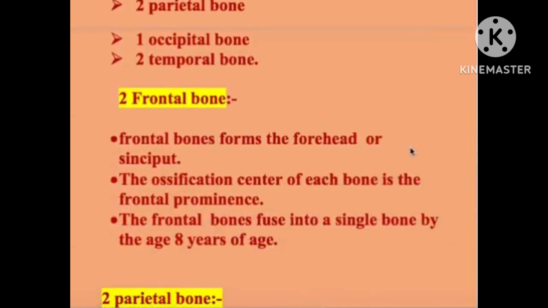The 2 frontal bones form the forehead or sinciput, and the ossification center of each bone is the frontal prominence. Where ossification occurs, that part is known as a prominence.